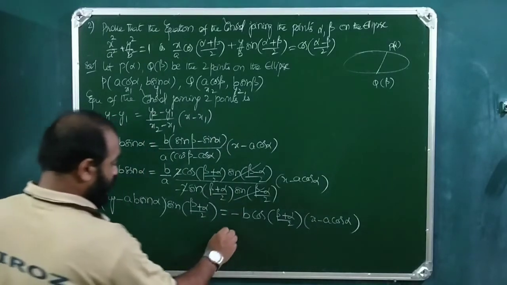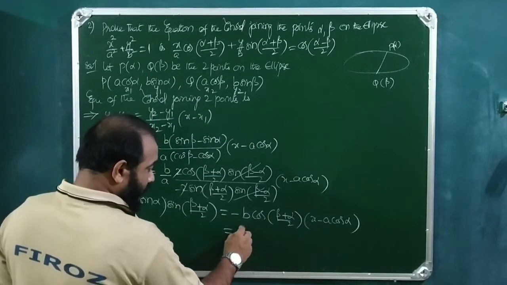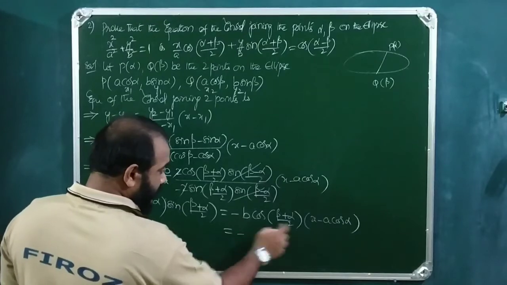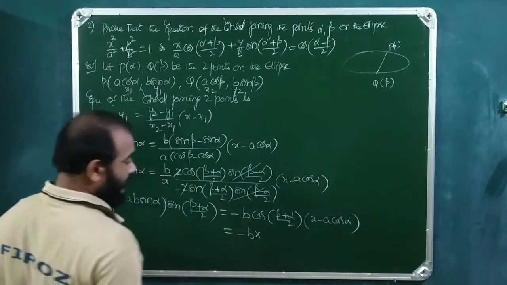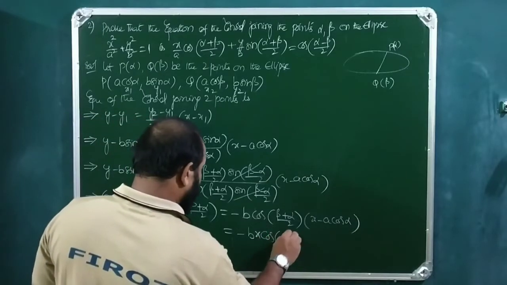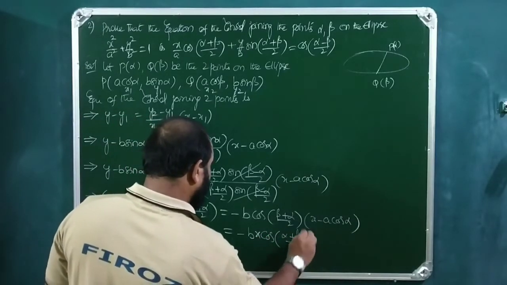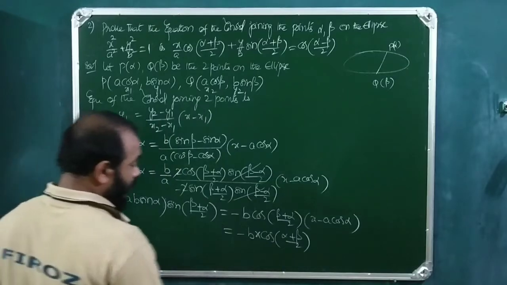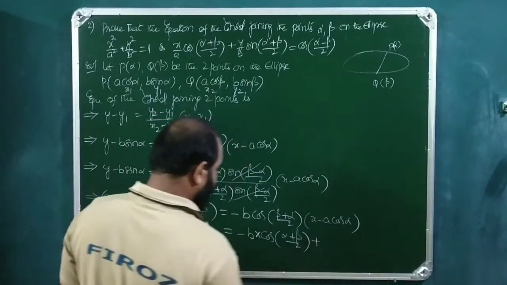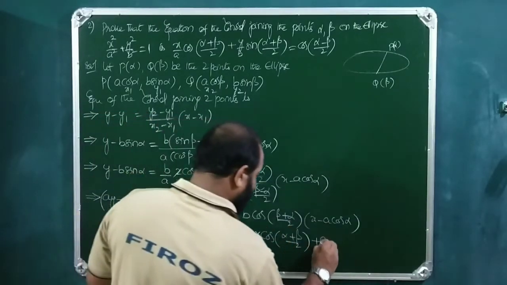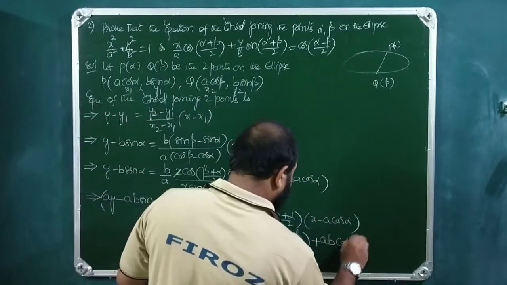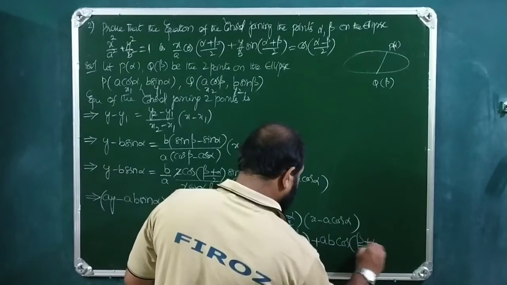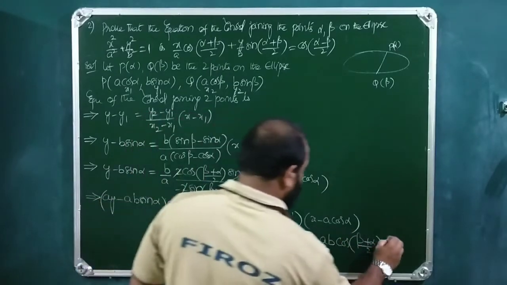So this is equal to minus b into x, bx, cos (alpha plus beta) by 2, minus into minus plus ab cos (beta plus alpha) by 2 into cos alpha.